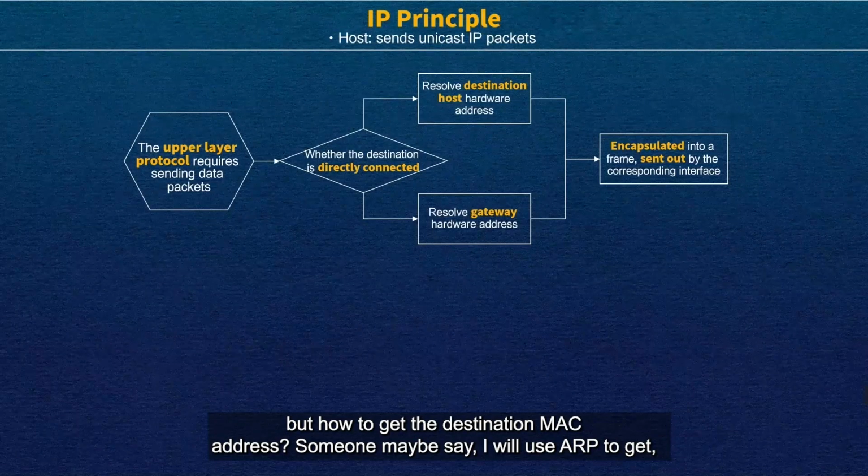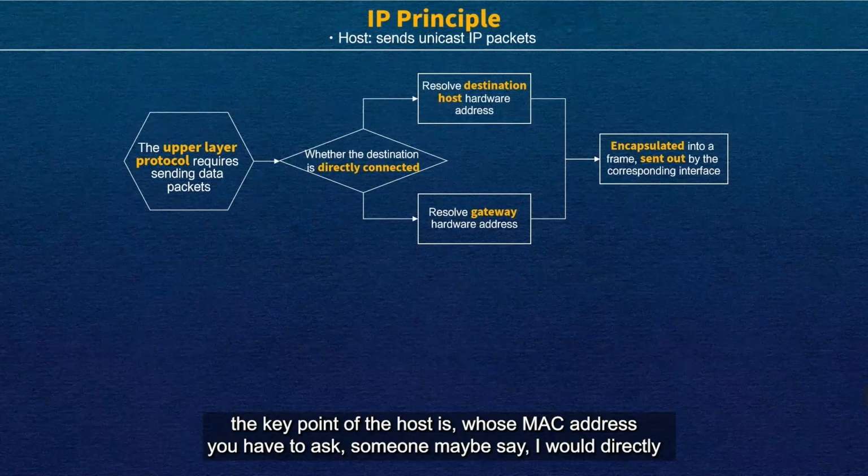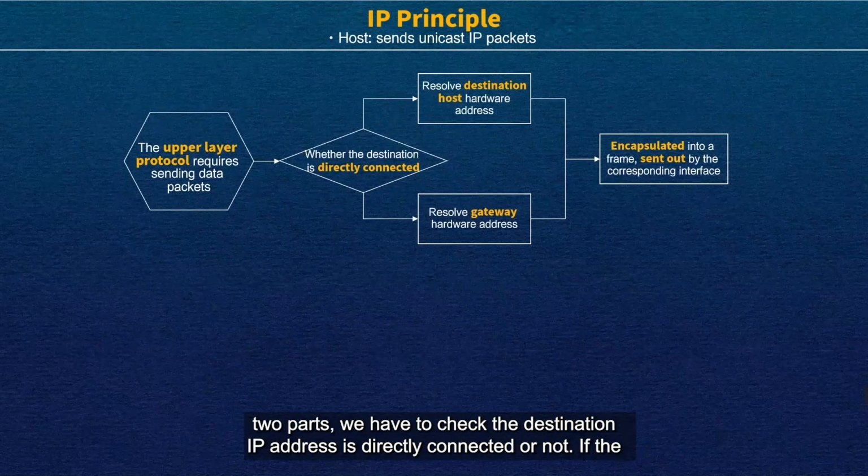Someone maybe says, I will use ARP to get it. The key point for the host is whose MAC address you have to ask. Someone maybe says, I will directly ask for the destination IP's MAC address. Actually not. About the host, we will divide the situation into two parts.